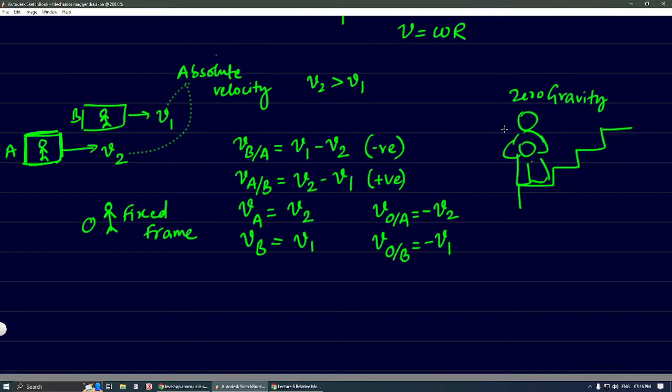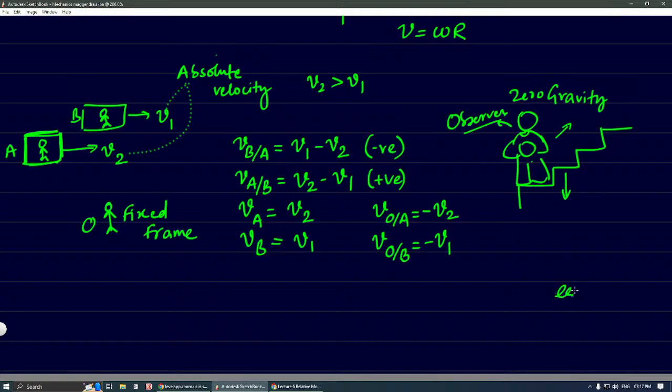After spending 1 or 2 years in space, when he comes back and is moving up, it will appear to him as if he is pushing the ground down. It will appear that the ground is moving down. Understood now? Because in zero gravity, he becomes the observer, and everything moves around him.